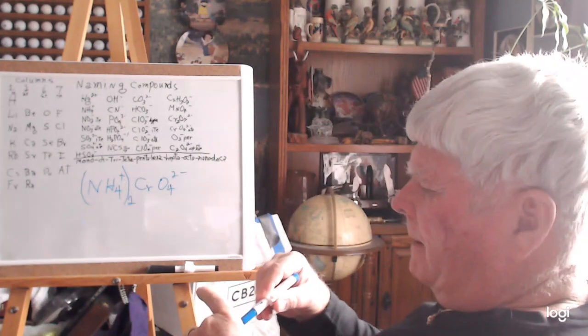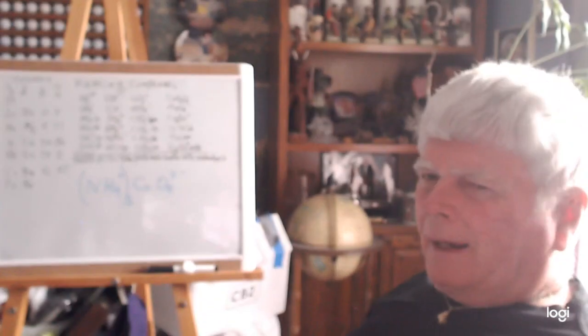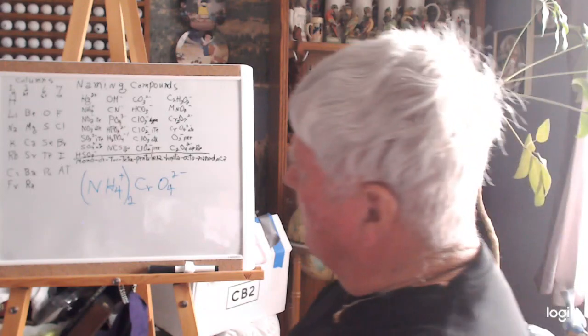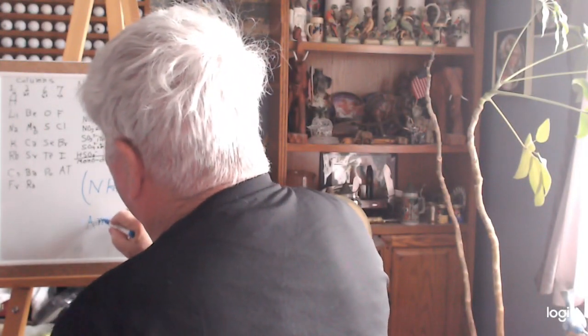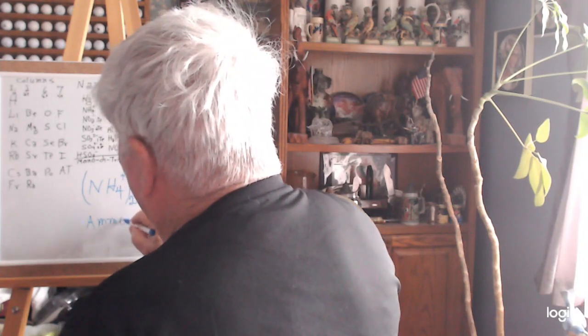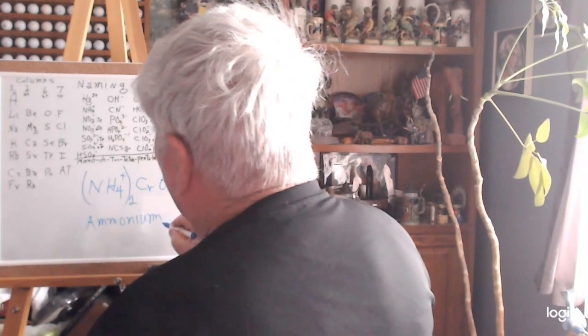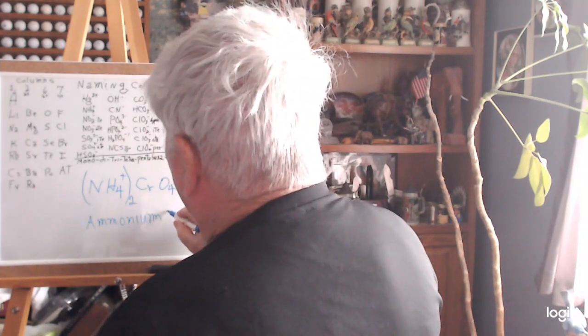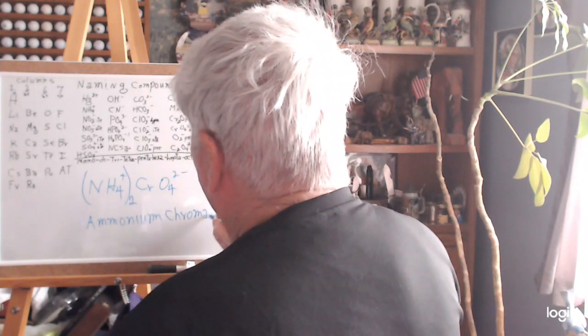Now in compounds, the multipliers are put behind, and the name of this compound is ammonium, and then the chromate ion adds to it. Ammonium chromate.